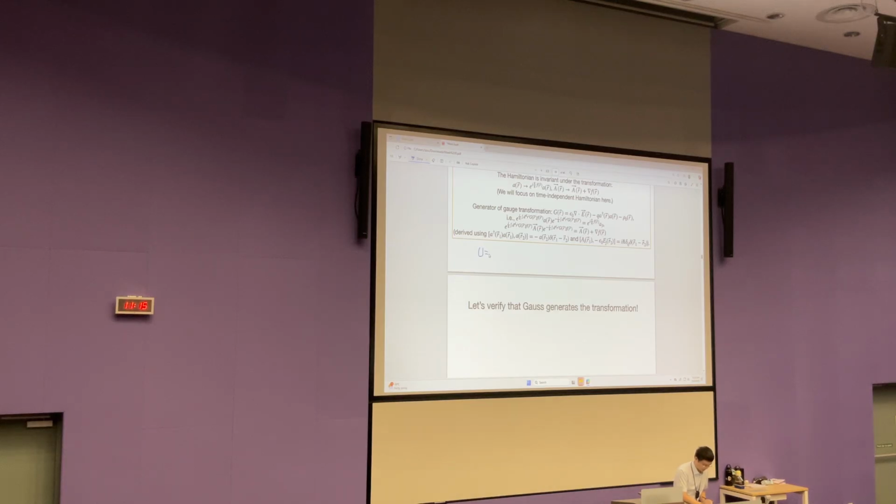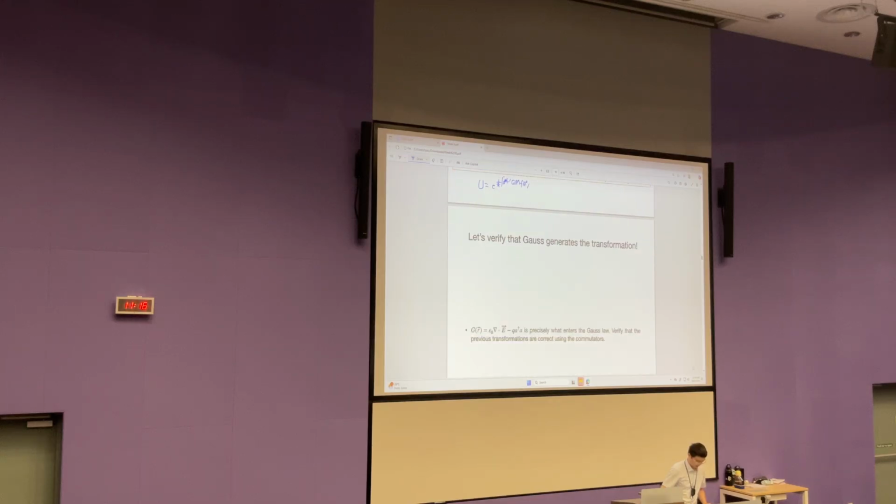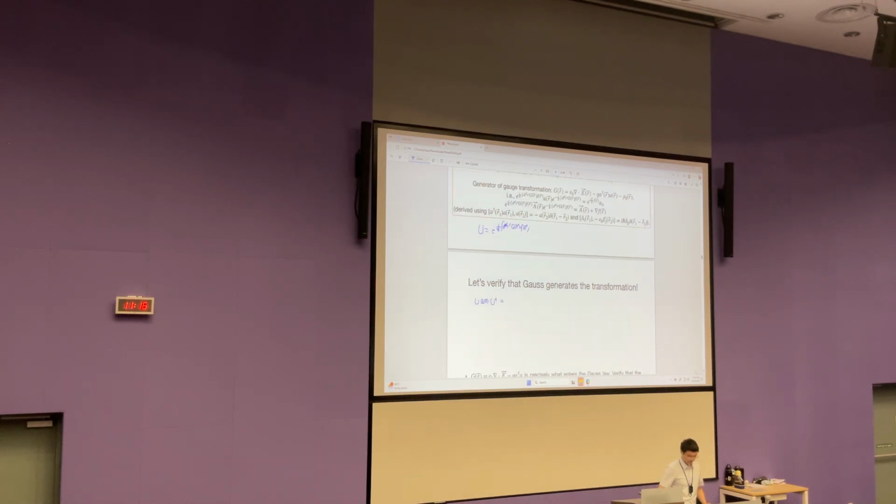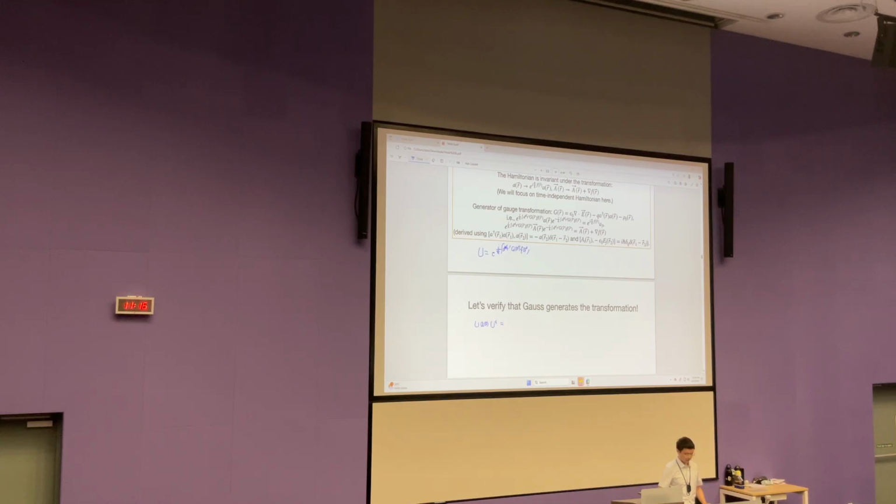For notational simplicity, I will write this thing as U. So what I want to calculate is U dagger. And you see, inside this G, there's E, there's A dagger A, and there's rho. This rho is just a C number.